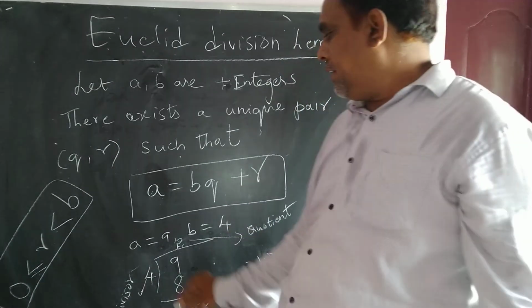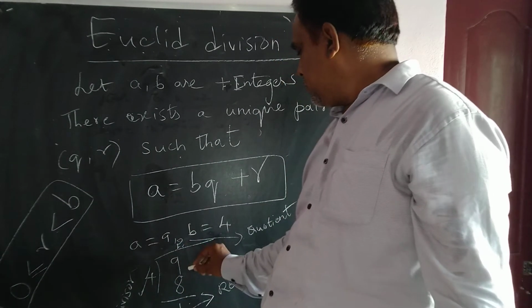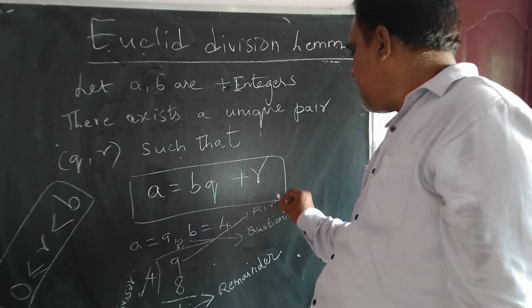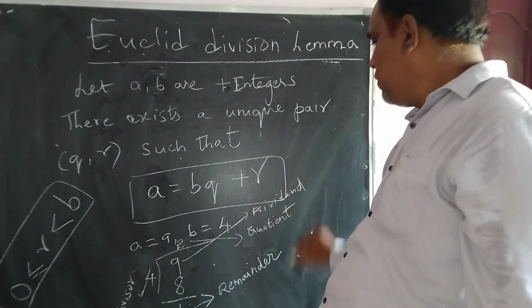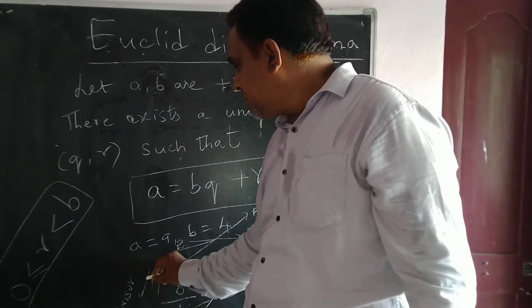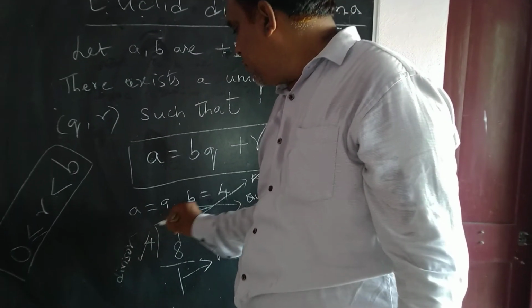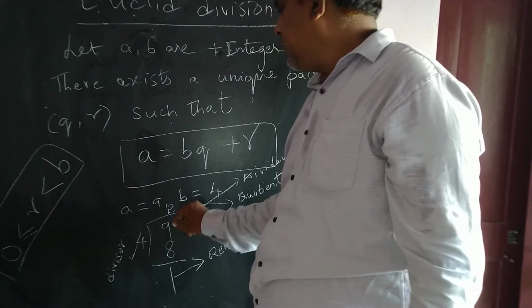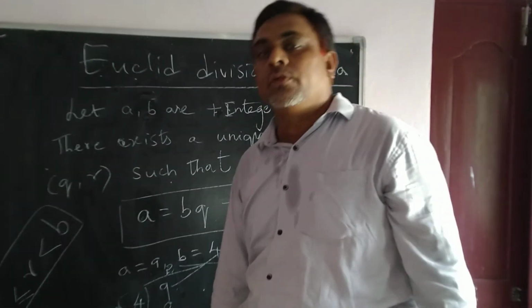A is called the dividend. So divisor into quotient plus remainder gives us the dividend. That we are going to derive.